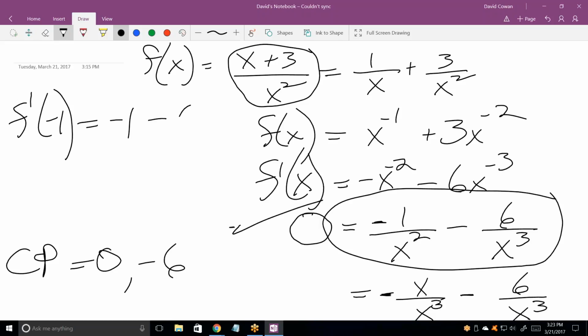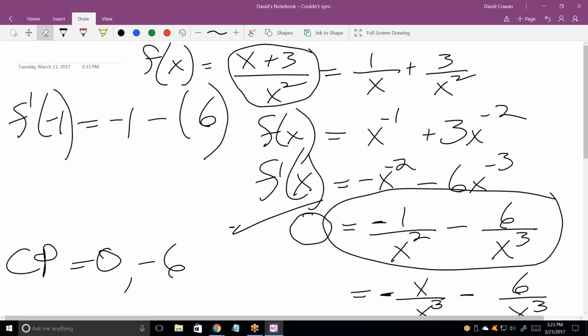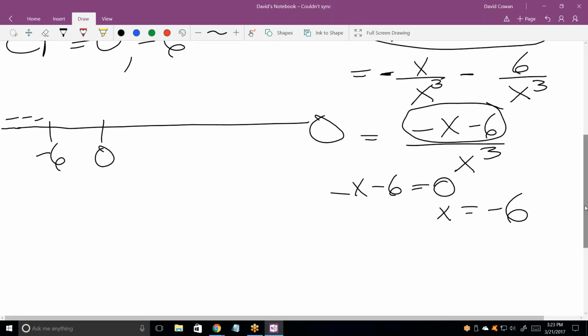Minus 6 over negative 1 cubed, which is minus a negative 6. Negative 1 cubed is negative 1, so that becomes negative 6, so it's minus a negative 6. So that's actually positive. So to the right of negative 6, it's positive.